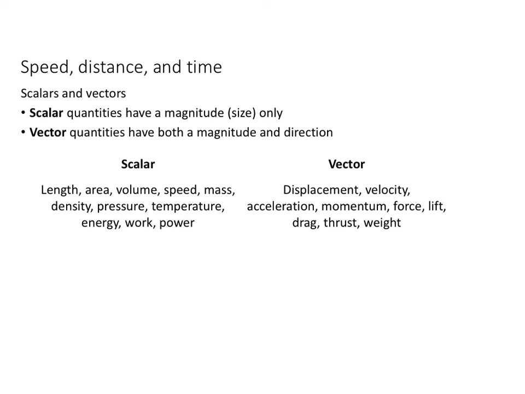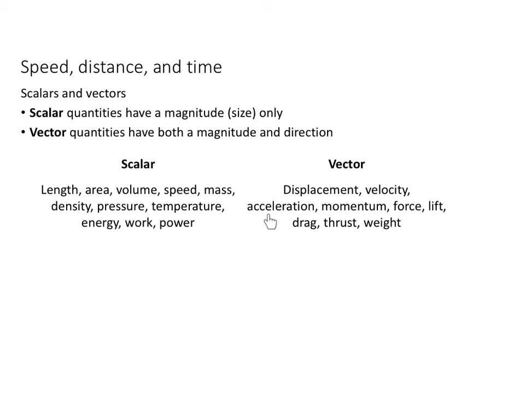Now, we need to know about scalars and vectors. Scalar quantities have a magnitude, so they only have a size. Things like length, area, volume, speed, mass. They don't have a direction, only a size. Vectors have a magnitude and a direction. Displacement is the distance travelled in a given direction. Velocity is speed in a given direction.